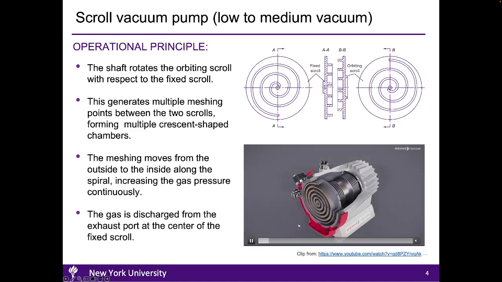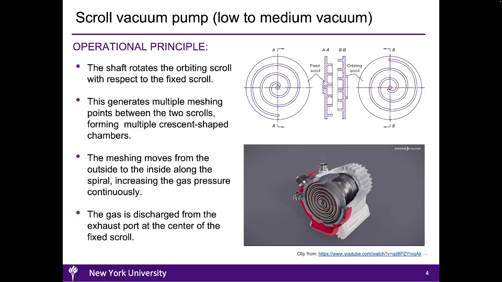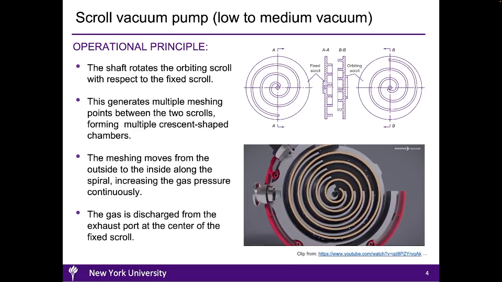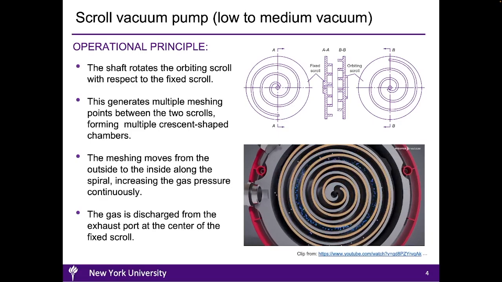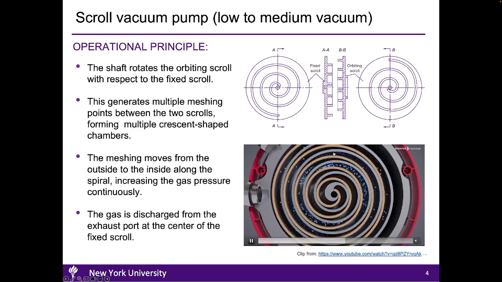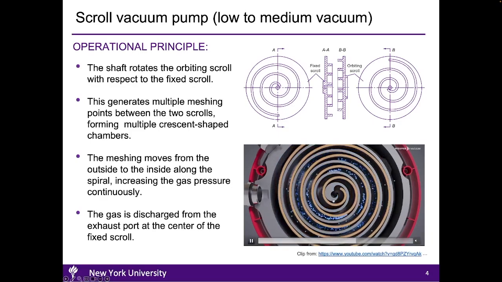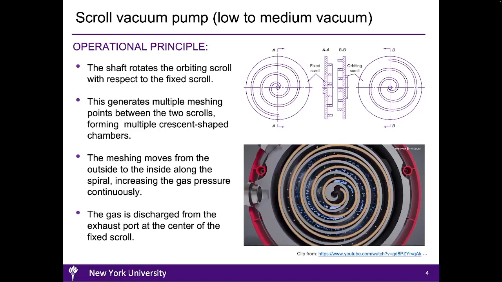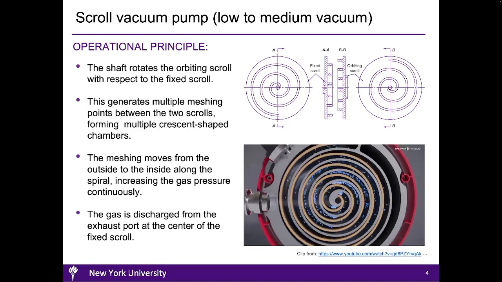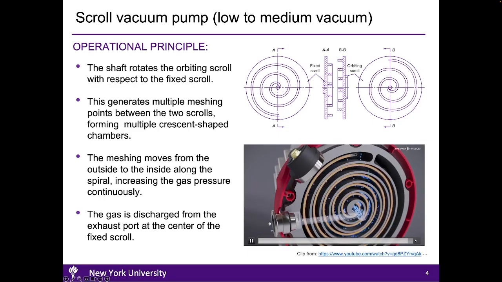The movement of the rotating scroll with respect to the fixed scroll causes the transfer of gas molecules, denoted as blue particles, from the process chamber into the outer region of the pump and then into the center of the pump. These gas molecules are finally discharged through the exhaust port at the center of the fixed scroll.